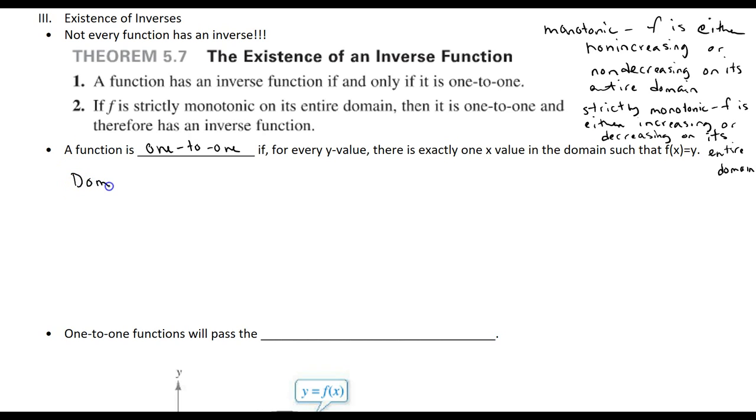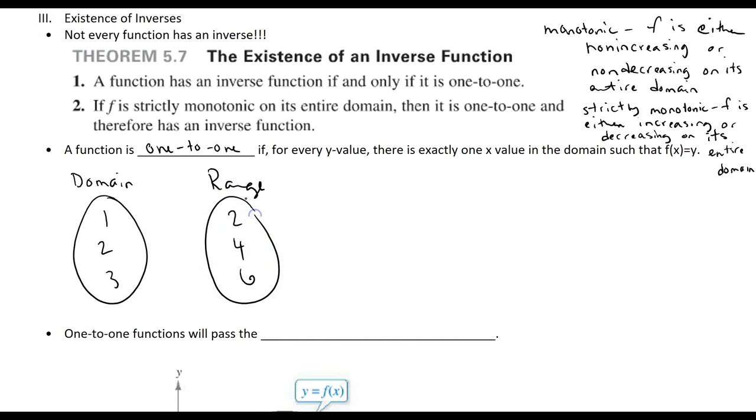So for example, a function like this where I have 1, 2, 3 as my domain and my range has 2, 4, 6, and let's say we map 1 to 4, we map 2 to 2, and we map 3 to 6. This would be a one-to-one function because for every x value there's clearly exactly one y, but it also works in reverse. For every y value there's only one x.